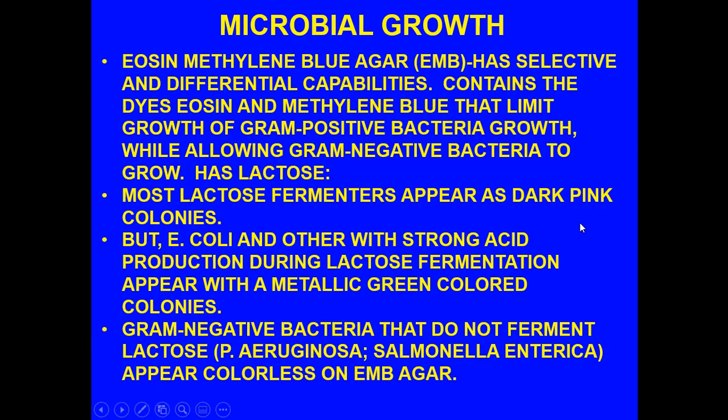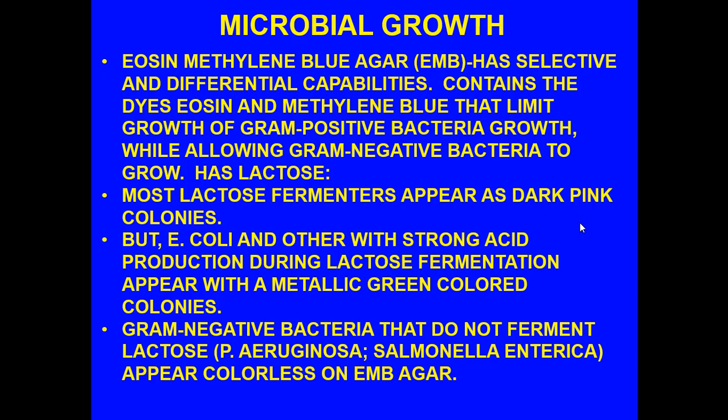Here's one, eosin methylene blue agar. It has selective and differential capabilities. It contains the dyes eosin and methylene blue. These will limit the growth of gram-positive bacteria, while at the same time it allows gram-negative bacteria to grow because it has lactose. Most lactose fermenters appear as dark pink colonies.